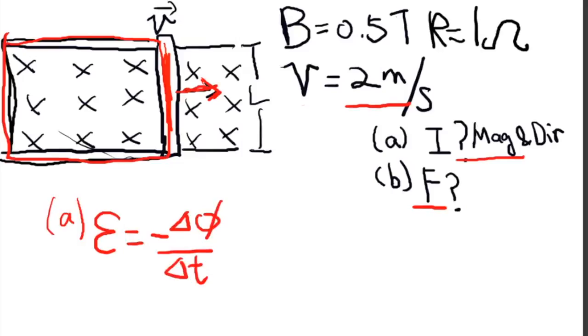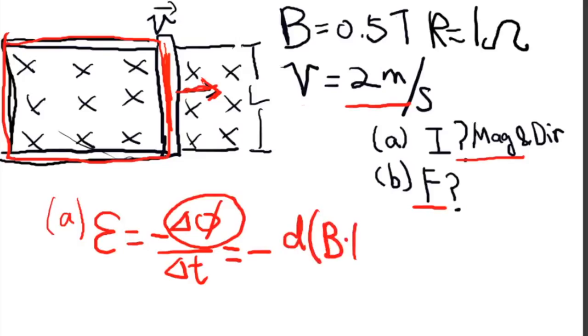Okay, at this point, we need to do something to the magnetic flux to include the value of velocity in there. Some of you might recall magnetic flux basically equals B times A, over delta t.